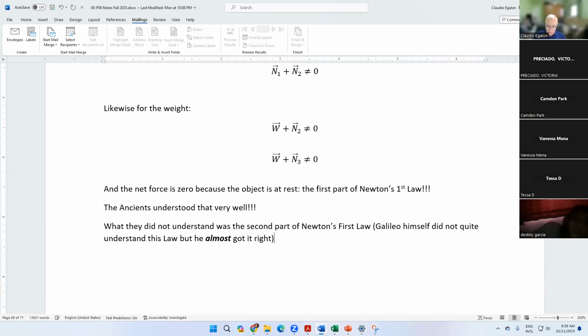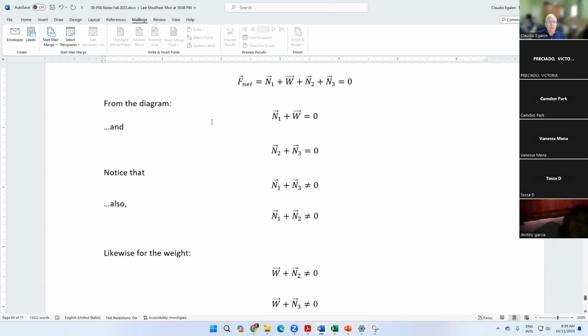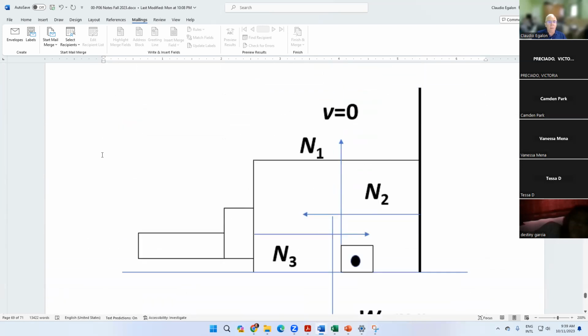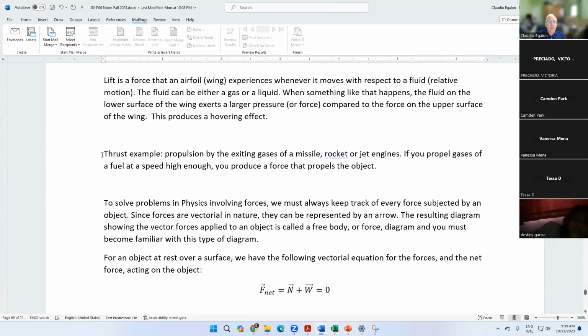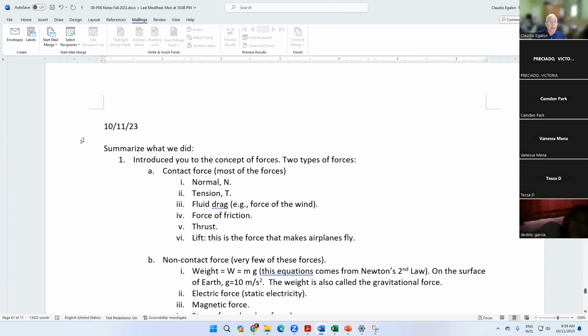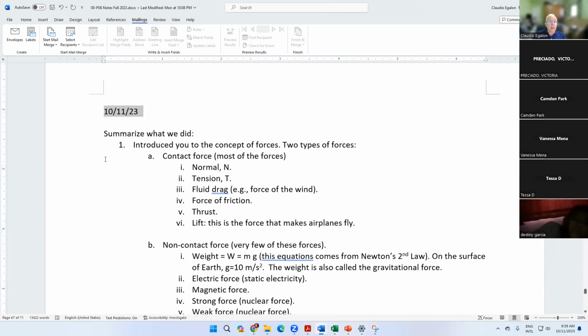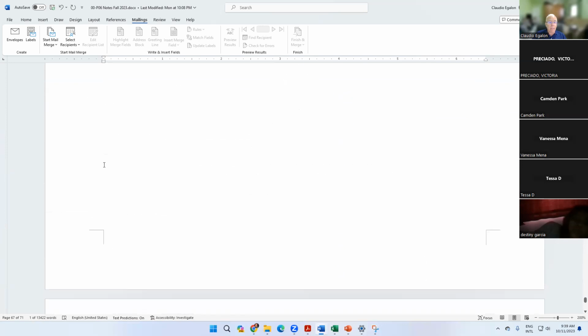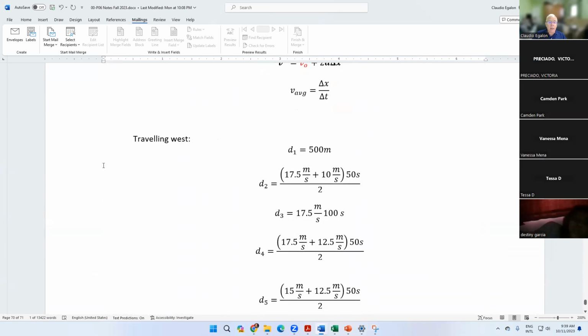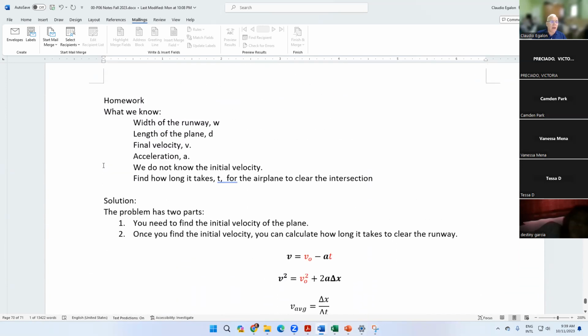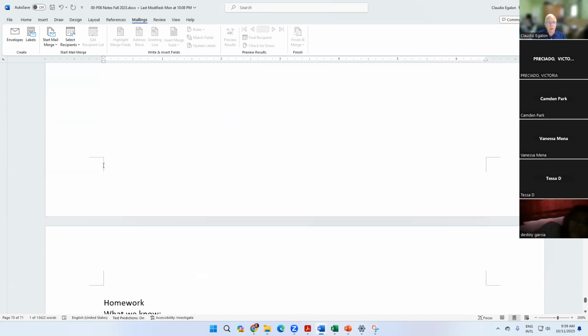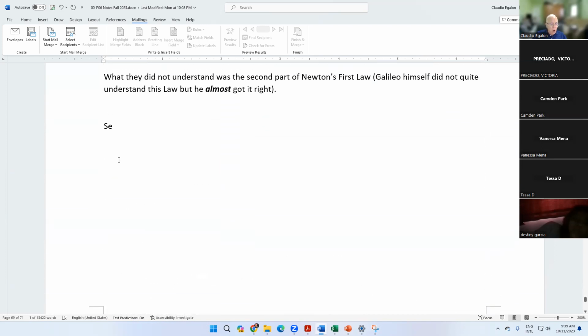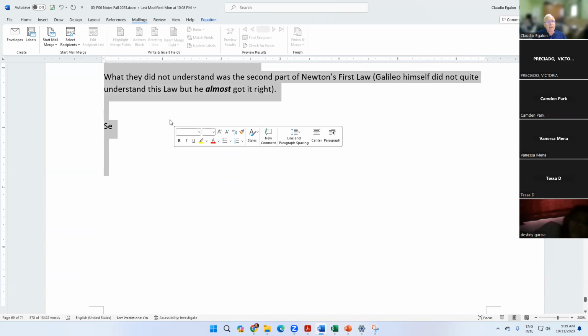So what's the second part of Newton's first law? Now I can introduce that to you, the second part of Newton's first law. And it's not easy to see that if you do not have the technology that we have today. I remember when I was a young man, we didn't have those arcade games like the hockey table, right?